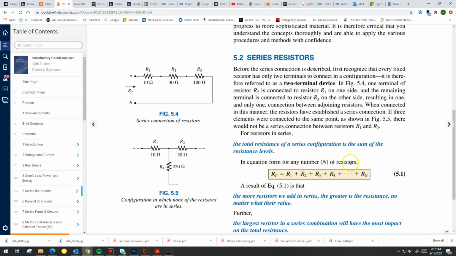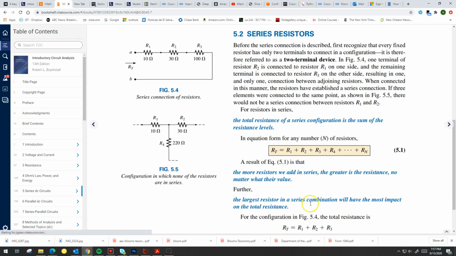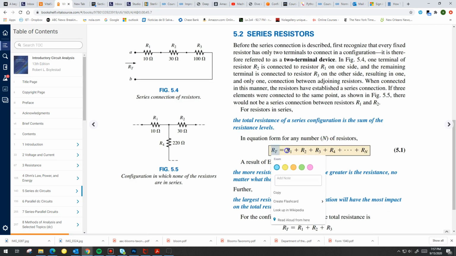So for any number of resistors, the total resistance is just R1 plus R2 plus R3 and so forth until the last resistance. So the more resistors we add in series, the greater the total resistance is, no matter what the individual values are.